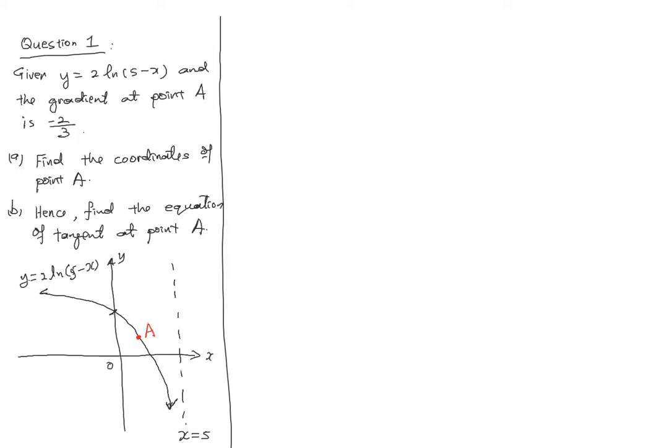Read the question. The question says given y equal to 2 ln(5 minus x) and the gradient at point A is negative 2/3. So how do you interpret this? How do you write this part into a mathematical equation? Cindy, try.